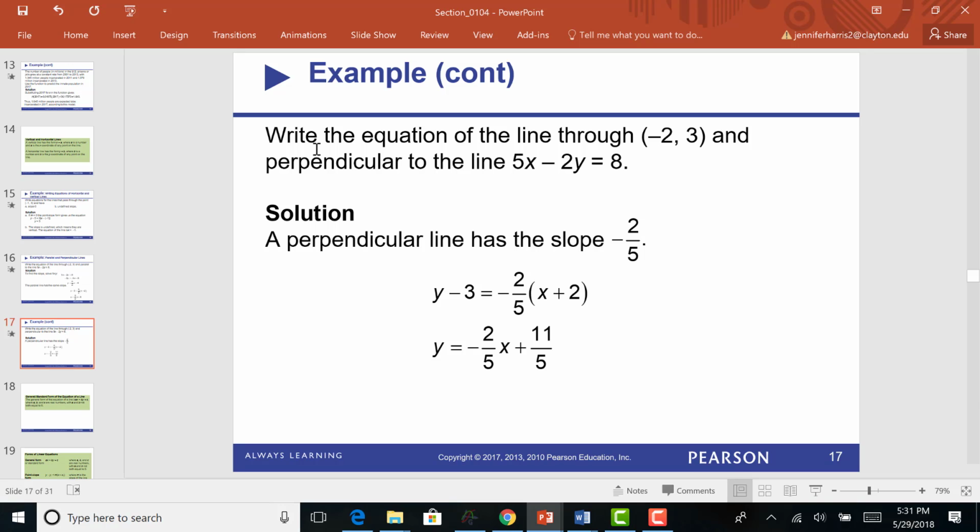All righty. What changed between parallel and perpendicular? You flip it and change it. Okay, slope gets flipped upside down and change the sign.